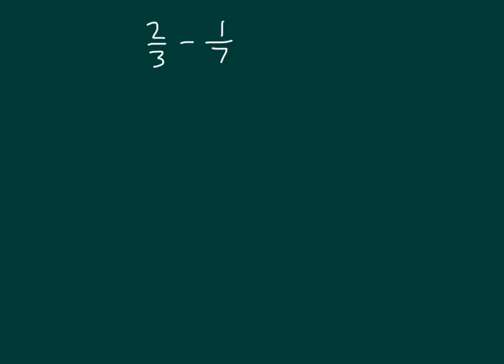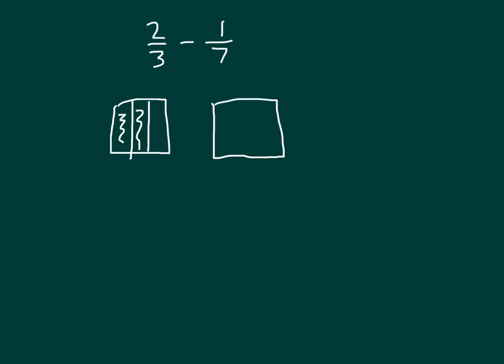Let's show another example. Here we have 2/3 minus 1/7. Let's model 2/3. We'll divide it vertically, and remember we are looking at 2 of those parts. Drawing a same size rectangle for 7ths, we'll draw 6 lines horizontally to divide that into 7ths.